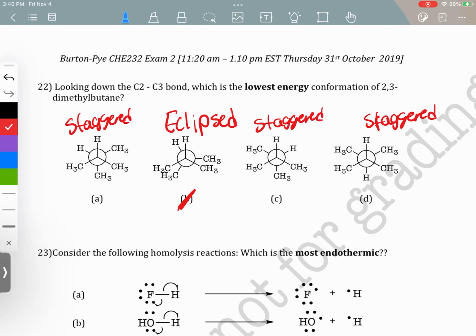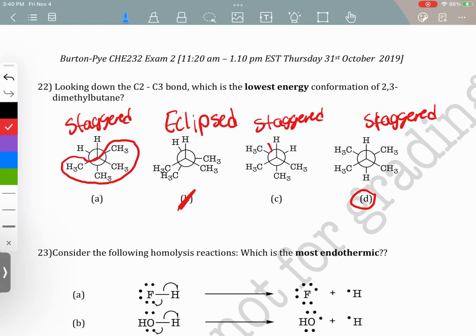So now we're between A, C, and D. Out of all of them, which one do you think is lower in energy? D. Right. When we look at A, C, and D, we do see it's staggered gauche, right? The groups are near each other no matter what rotation you do. But we do see a difference in how the groups are together. In A and C, they're both kind of the same energy because they have all 4 methyls next to each other.